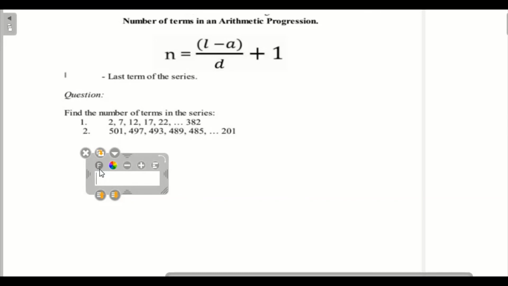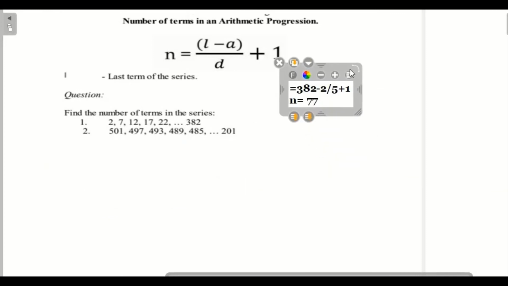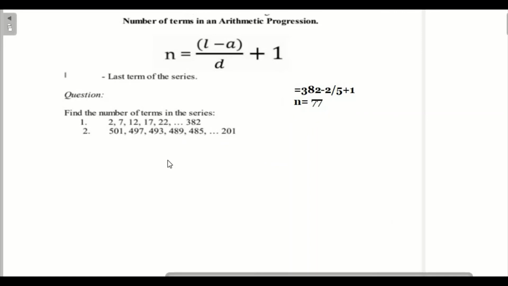So the last term here is, for the first sum we are calculating, 382 minus the value of a, the first initial term, which is 2, divided by the distance between the two terms, which is 5, plus 1. So here we have the answer. N equal to the total number of terms, which is 77. So we have the next problem. The same way is the answer for the first one, and we have the answer for the second one.